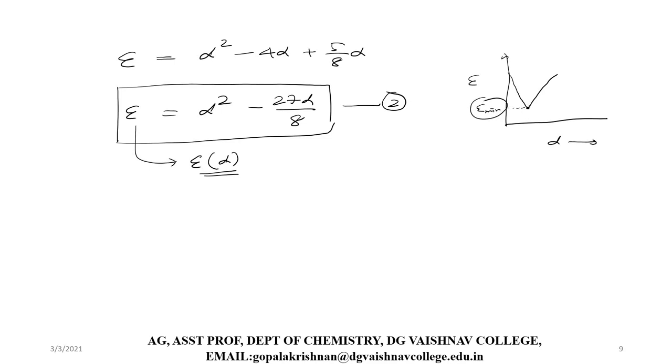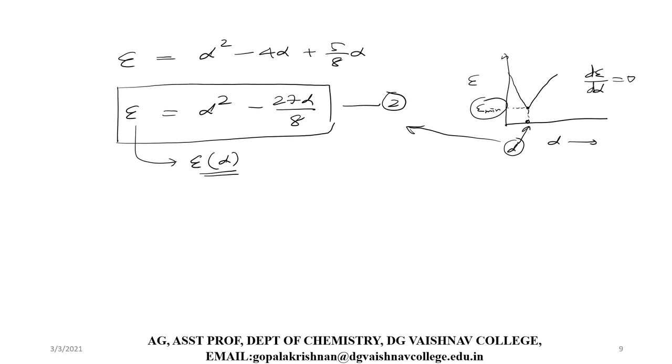What we have to do is differentiate E with respect to alpha and put the value equal to 0. If you do that, you will get a particular value of alpha. If you know this value of alpha, then if you substitute that alpha in equation 2, you will get the minimum energy.